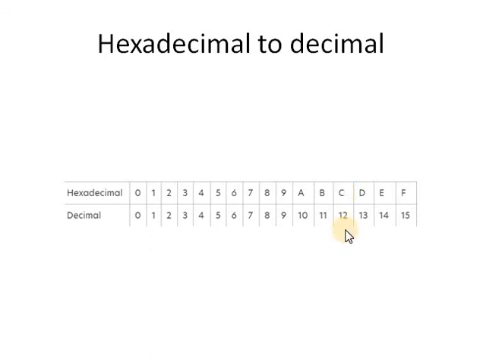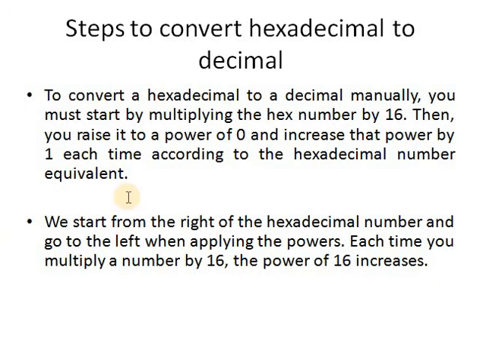C has the value 12. So if they are giving only C, it means 12 into 16 power 0. Anything to the power 0 is 1. So 12 into 1 is 12. So you are getting the direct value here. So we will see the conversion. I will tell the next step.